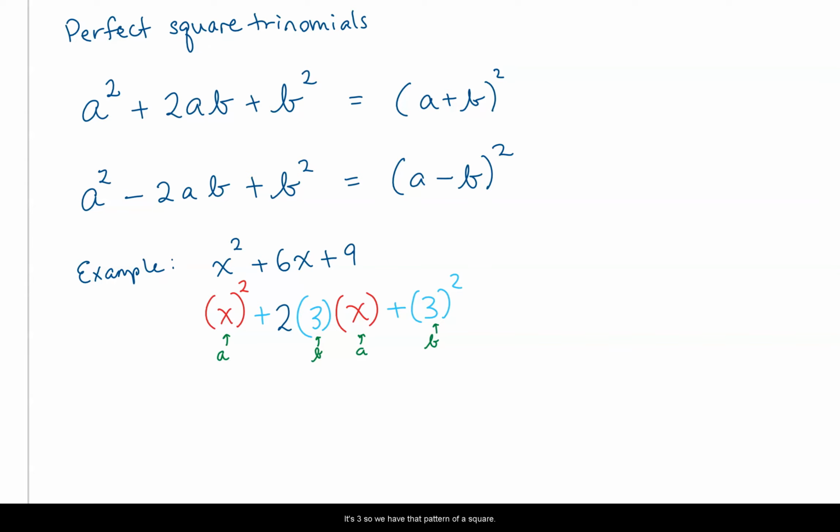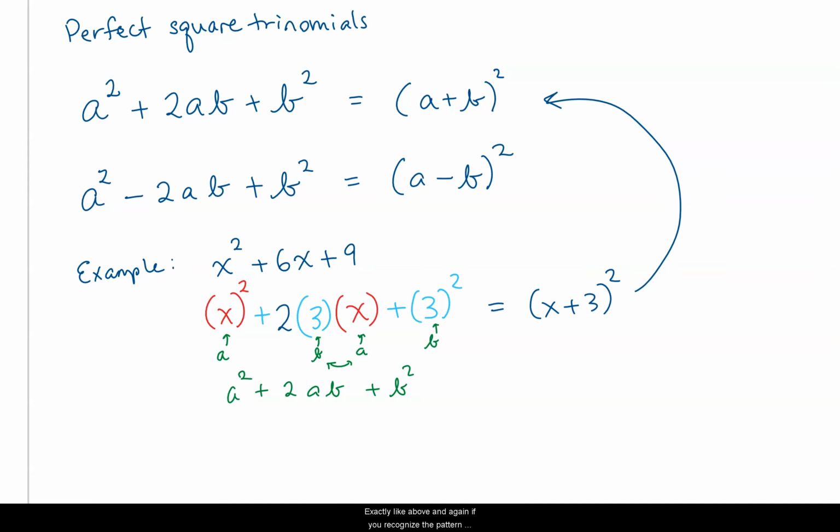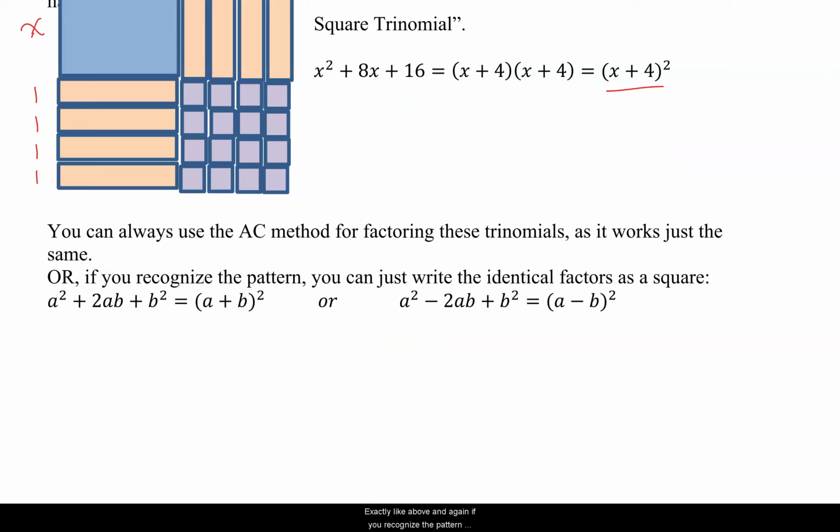So we have that pattern of a squared plus 2ab. They're switched, but order of multiplication doesn't matter. Plus b squared. And we saw when we factored x squared plus 6x plus 9, it factored as x plus 3 squared. Exactly like above. And again, if you recognize the pattern, you can write the identical factors of the perfect square.